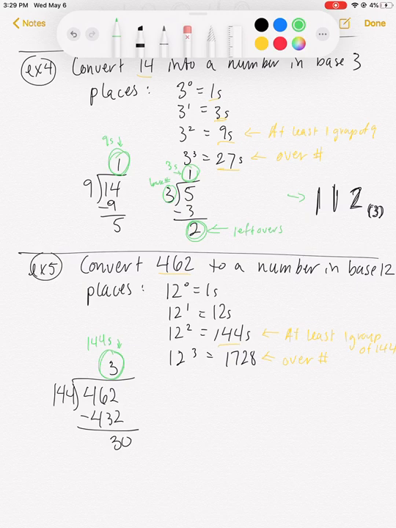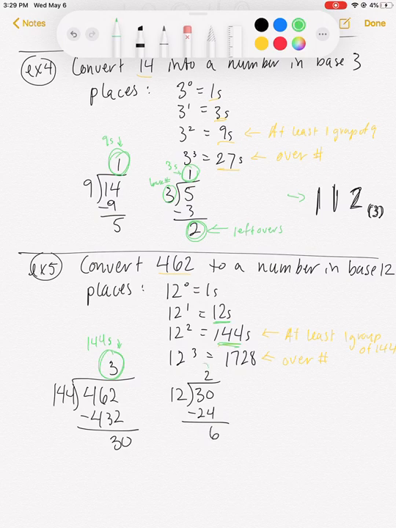Then we go to the next place down, which is the 12's place. Our leftovers is 30, that's still bigger than 12, so we will have some 12's in there. We do 30 divided by 12, and we know that goes in twice, for a product of 24, and the difference is going to be 6.